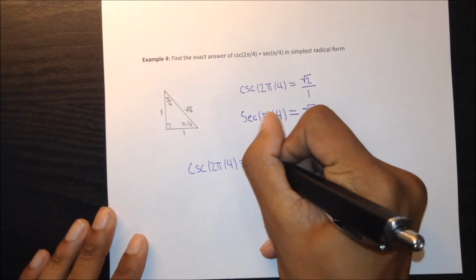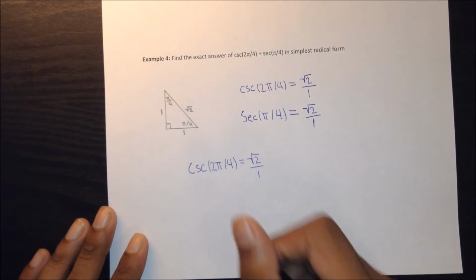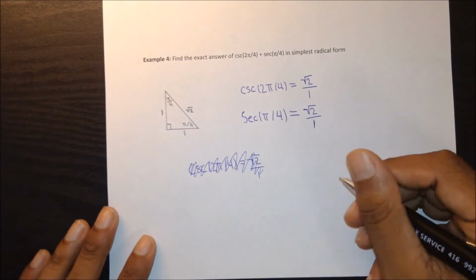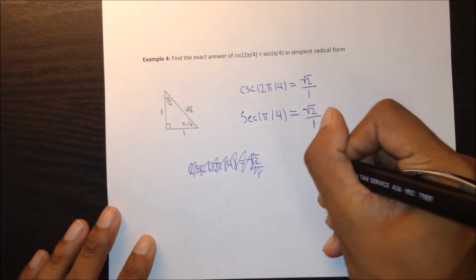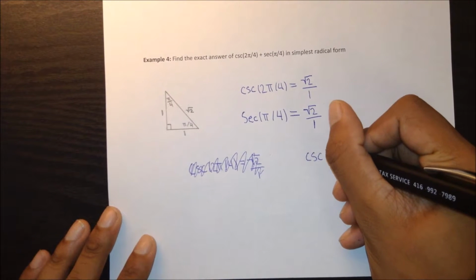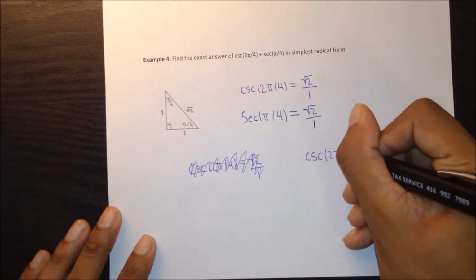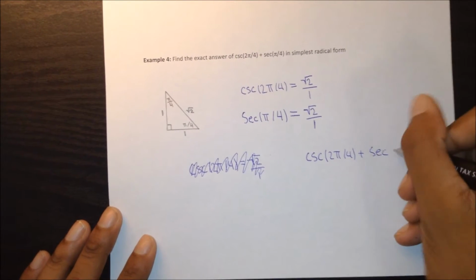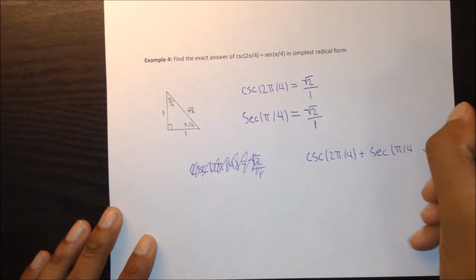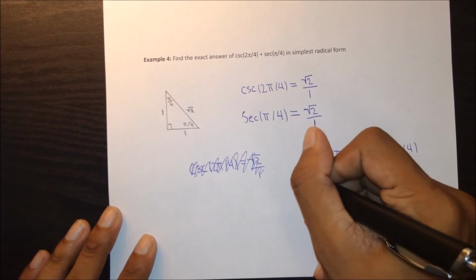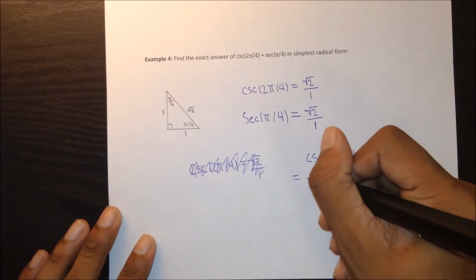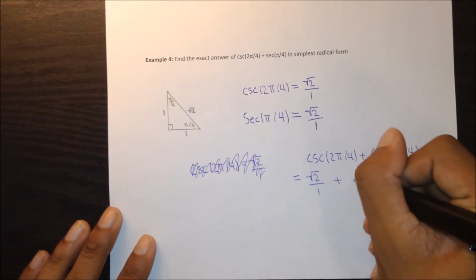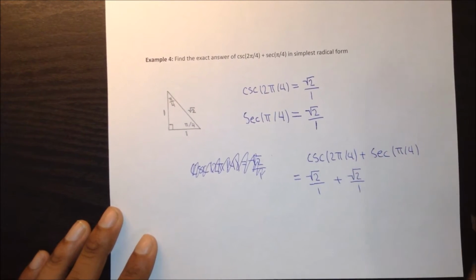Cosecant 2 pi over 4 plus secant pi over 4 equals root 2 over 1 plus root 2 over 1.